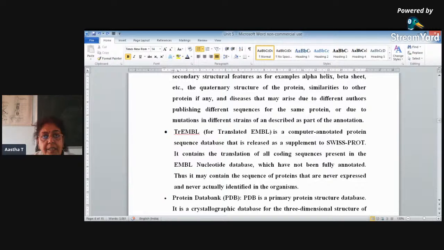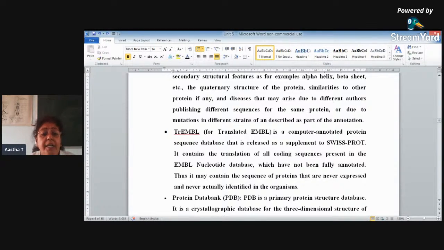So that database is complemented or supplemented with nucleotide sequence database. Okay, and in nucleotide database, this information is not there, but translated EMBL has this information that this sequence of nucleotides is involved in synthesis of this protein.